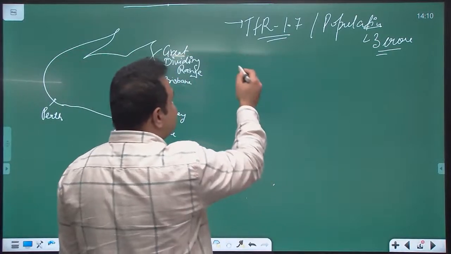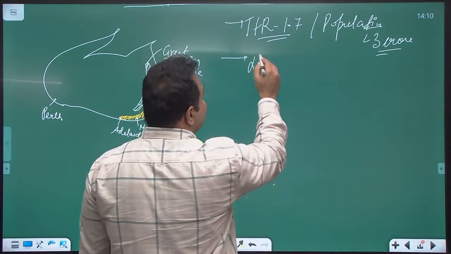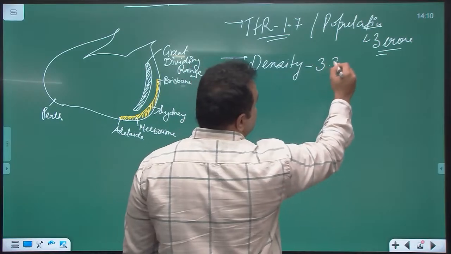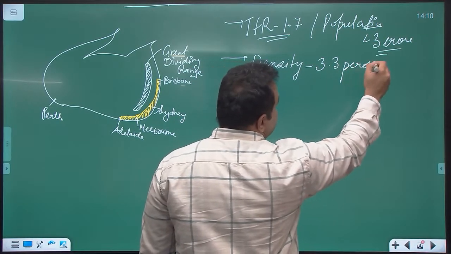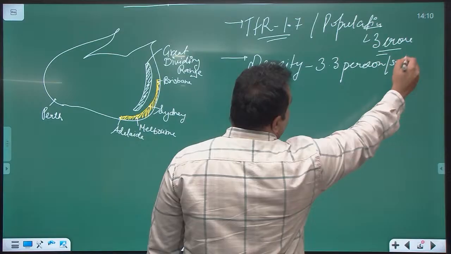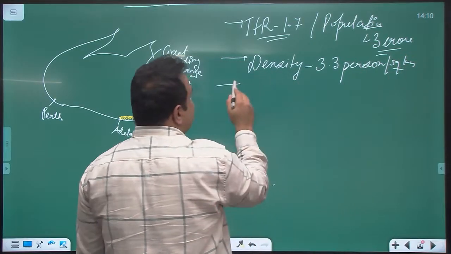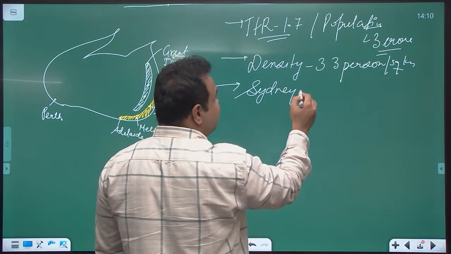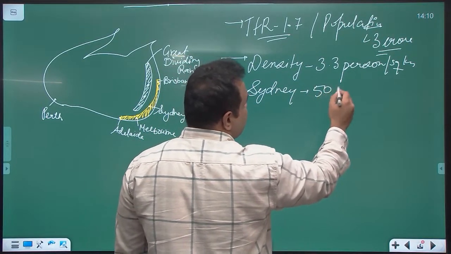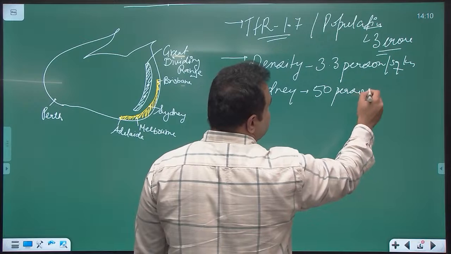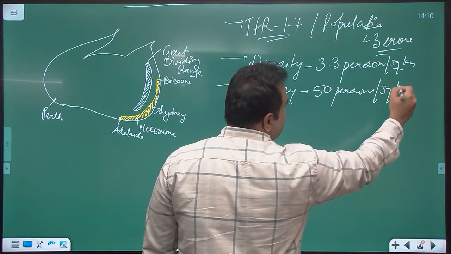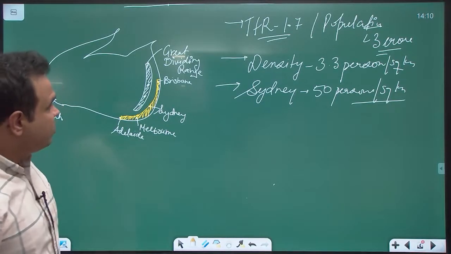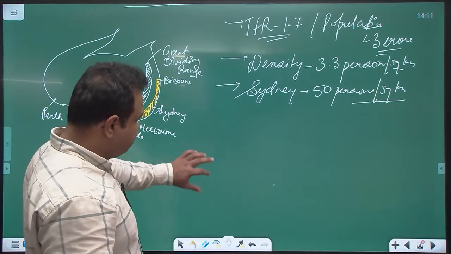TFR rate is 1.7. Overall density is 3.3 persons per square kilometer. And the maximum density will be observed in Sydney. Sydney में कहीं जाके है 50 persons per square kilometer, and that is way far from the cities that we have. ठीक है, Sydney 50 persons per square kilometer.